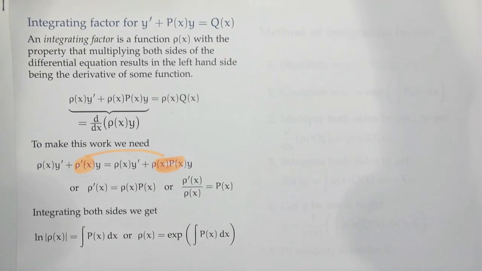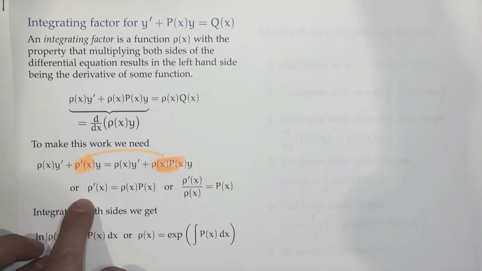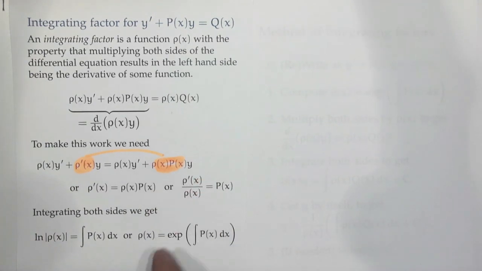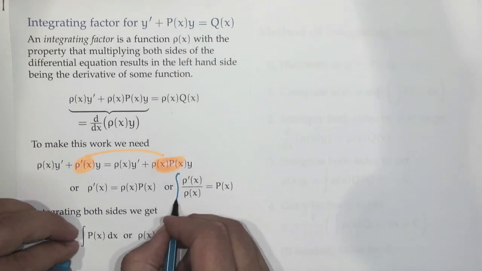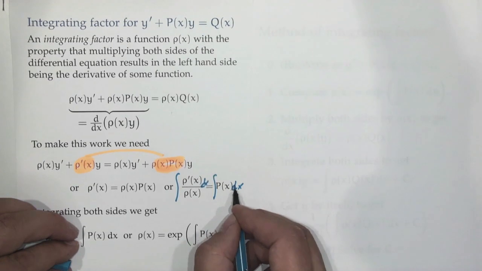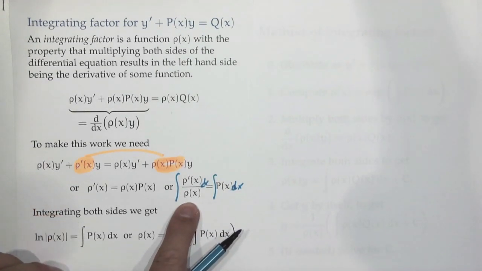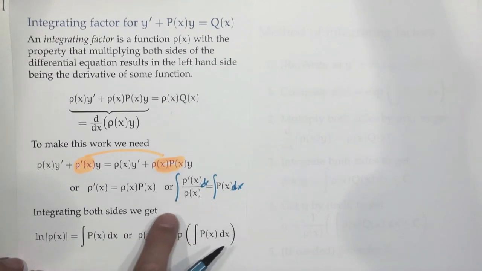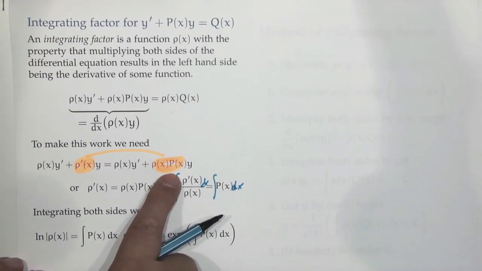Well, now that we know that, we start cleaning things up. We move the rho of x across, so you get rho prime of x over rho of x equals p of x. And then we integrate. And the nice thing here is that this integral is very straightforward, because you have a function downstairs, but the derivative of the function is upstairs.